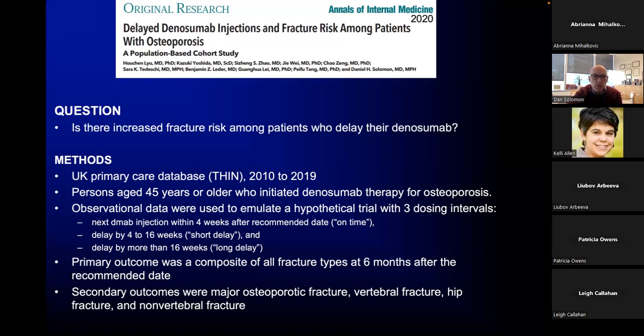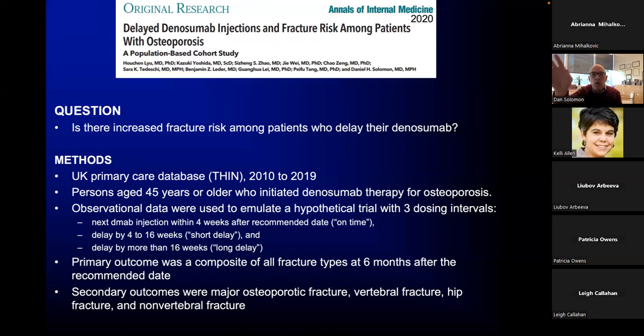The observational data were used to emulate the hypothetical trial with 3 dosing intervals. So these were our strategies that we were contrasting with each other. We wanted to know whether the next denosumab injection was on time or within 4 weeks of the 6-month delay. So if you're a clinician, you know that we're supposed to wait 6 months before giving denosumab, DMAB again.